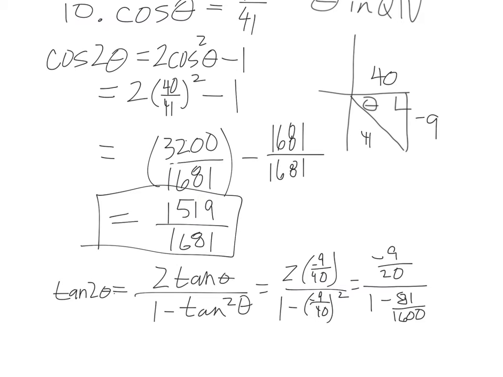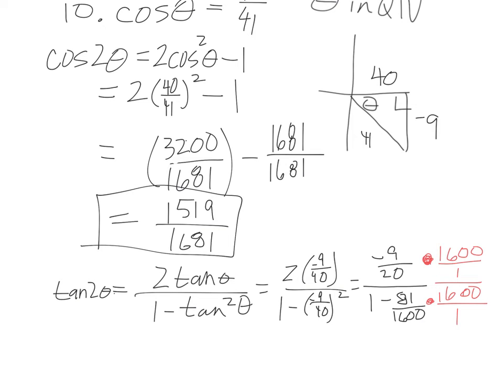So I have to find the LCD of the smaller fractions, which is 1 over 1 and this one, so the LCD would be 1600. You could also check it by doing 1600 divided by 20, which is a very straightforward factor. Multiply down there, up there.